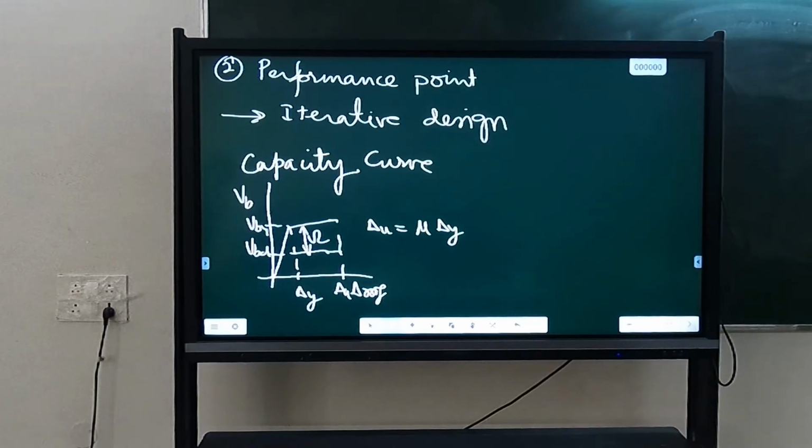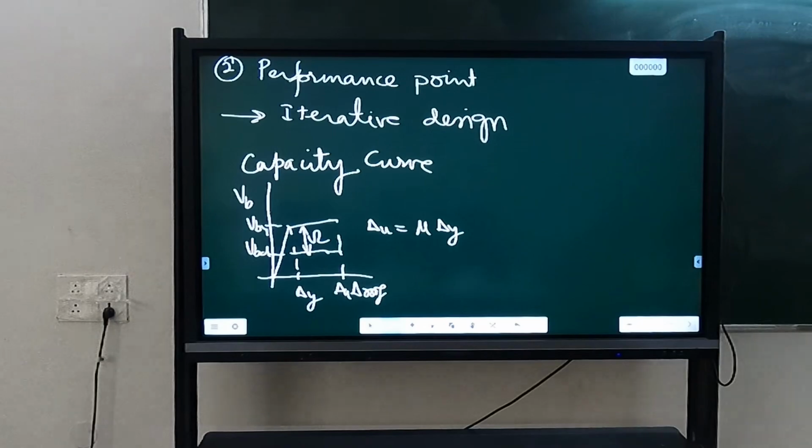Sorry? Right. So in that case, you have to consider this to obtain as per ASCE 41. Then you have to assemble element-wise. Yes, sub-assembly-wise you have to assemble.